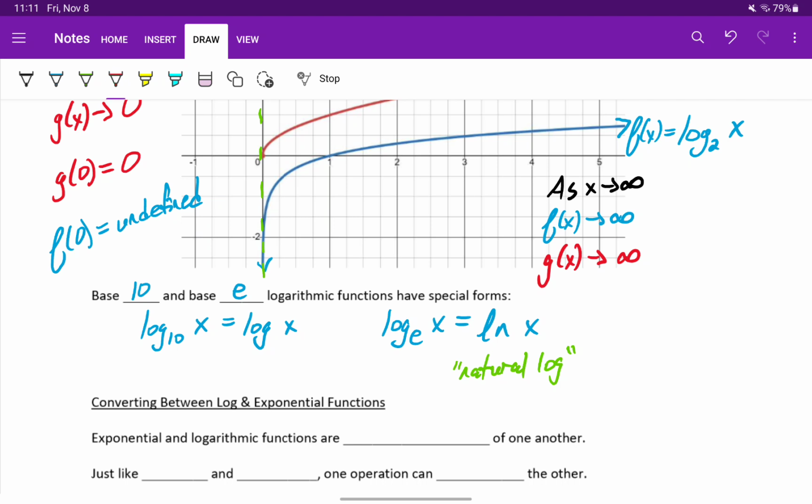But I do want to point out one case that we need to keep in mind here, is that when we use Wolfram Alpha or other technology-based systems, this notation can vary a little bit. So for instance, with Wolfram Alpha, log base e is actually written as just log of x.